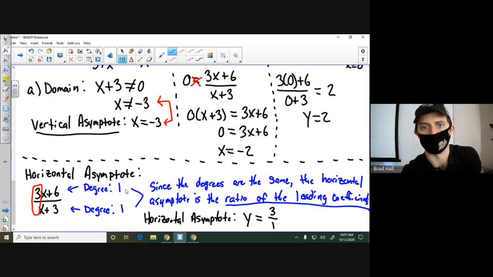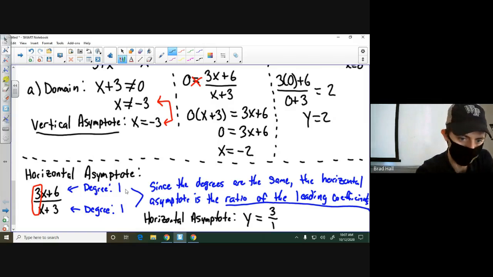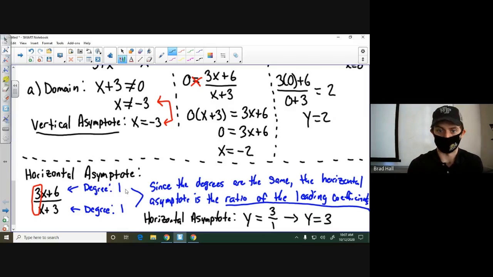Because it's the ratio of the leading numbers. 3 is the number in the numerator, 1 is the number in the denominator. But of course, this simplifies to just y is equal to 3. So that is the horizontal asymptote, which is y is equal to 3. Again, if you see my video, you will also see me talk about this and do problems that pertain to this process.